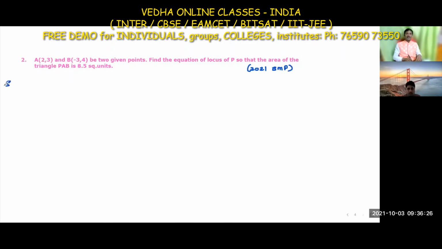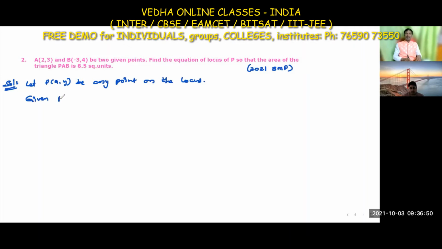So for any question from the locus chapter, we always first write: let P(x, y) be any point on the locus. And what are the given points?